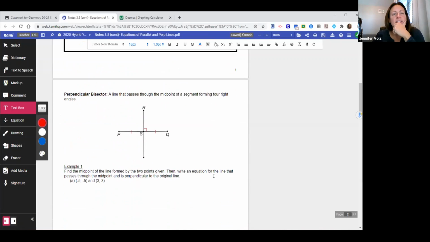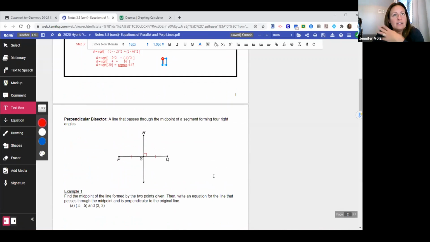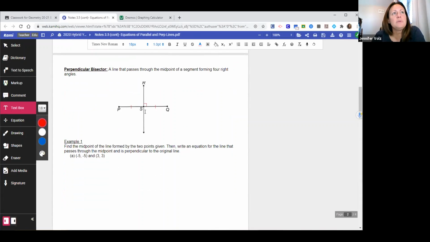Okay, today we're just going to add a little bit more to that and practice more of pretty much the same. Again, we're going to review a bunch of concepts from algebra as we go, and actually from earlier in this year. So here's a new definition on the next page.